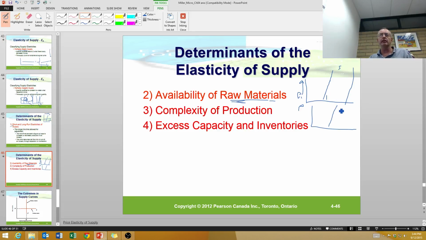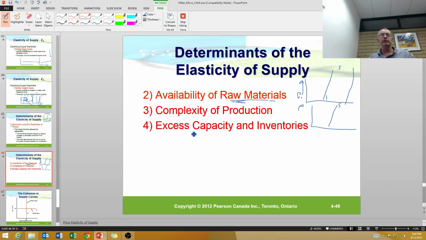It may be that yes, prices go up, but we have to buy additional equipment. And equipment, it can take a long time for equipment to get produced. It can take several years for some pieces of equipment to get produced if they're customized pieces of equipment. Especially in the oil refining industry, there's a long lead time on some pieces of equipment. So if it takes a long time for equipment to get manufactured, the supply curve is going to be fairly steep in the short run.